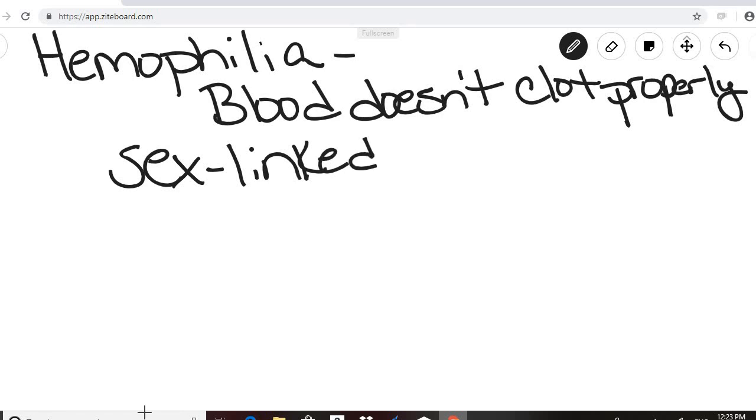And interestingly enough, this is a trait that exists in English and Russian royalty, and we're going to look at how that can affect the offspring in a family if hemophilia is present.